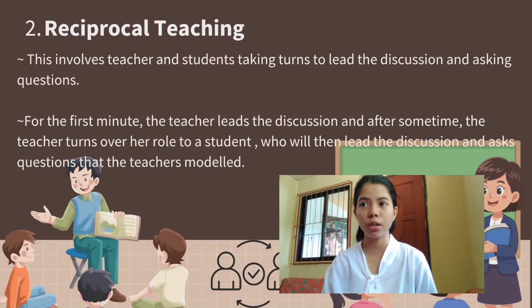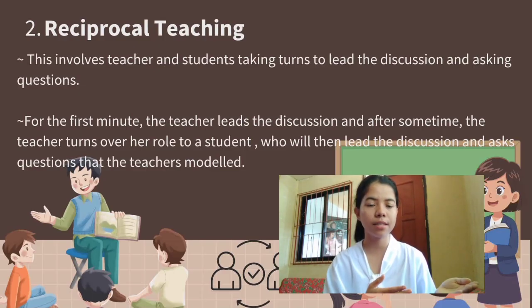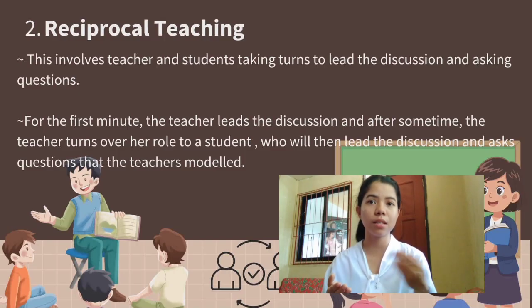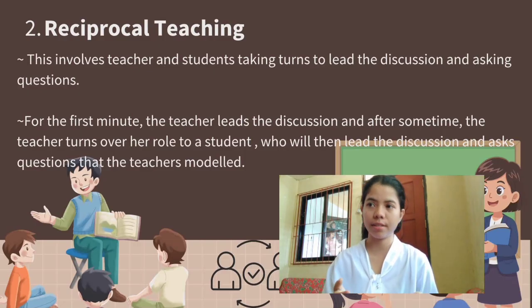First, the teacher discusses and the students listen. Then the students will discuss and the teacher will evaluate or assess whether what the students discuss is correct.